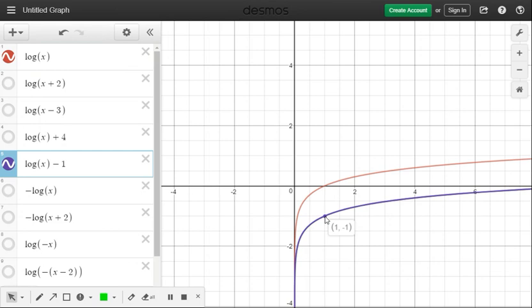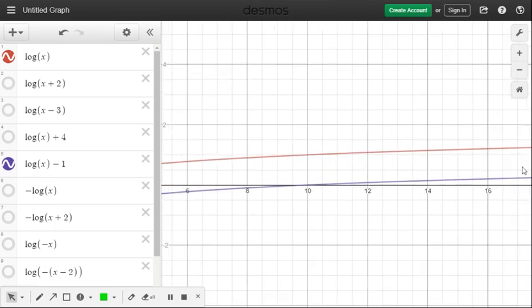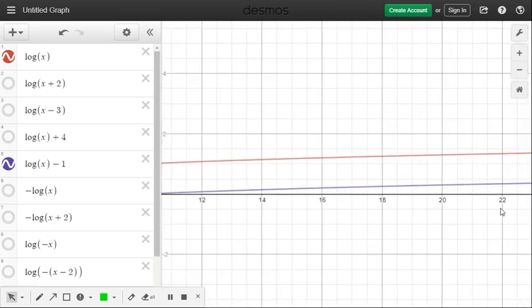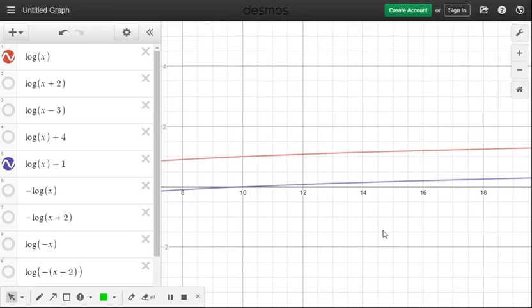So it went from 0 to negative 1. It decreased by 1 unit. So when it decreased, it went down 1 unit. So for the function log of x minus 1, it went down 1 unit. And as you can see, all this is the same width, same distance. So it went down 1 unit.